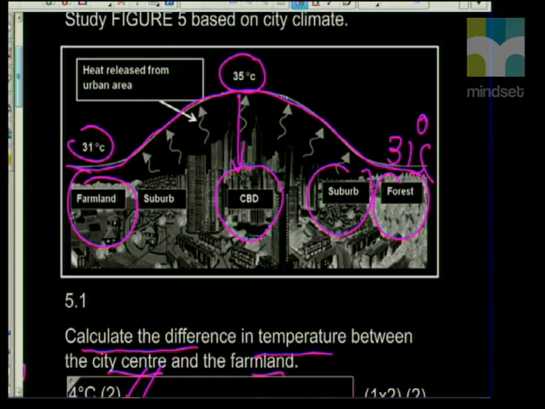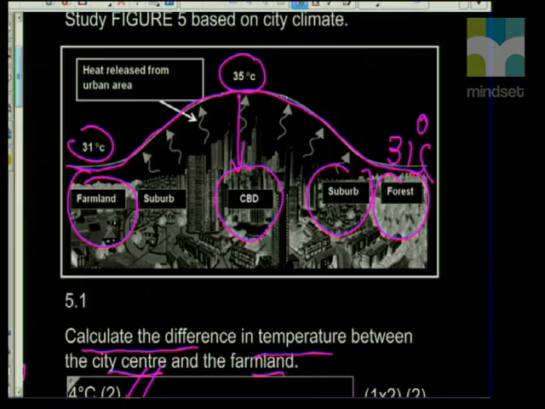We see there's a huge density of tarred surface. Here it's open fields. So, we talk about tarred surface absorbing heat. We look at the density of buildings, lack of vegetation. Can we see it here? Yes. Can we see vegetation there? So look at what you see on the diagram. If it is not there, remember, learners, it'll be marked incorrect.